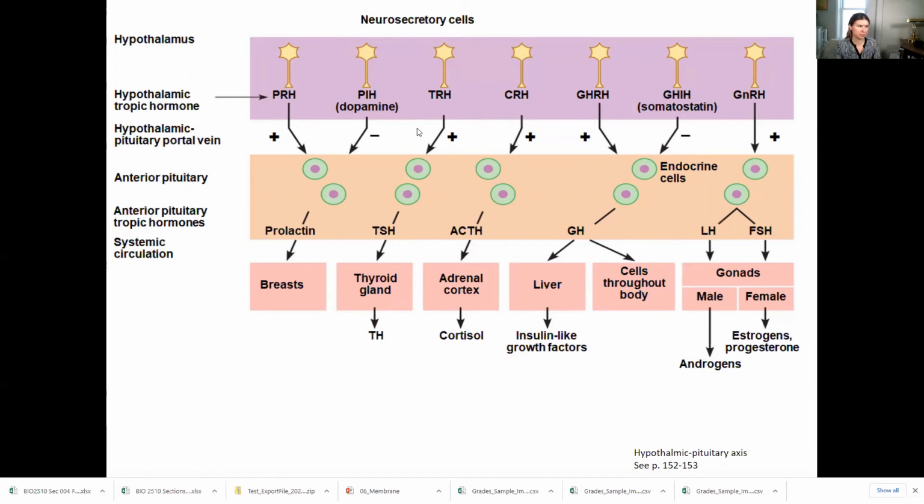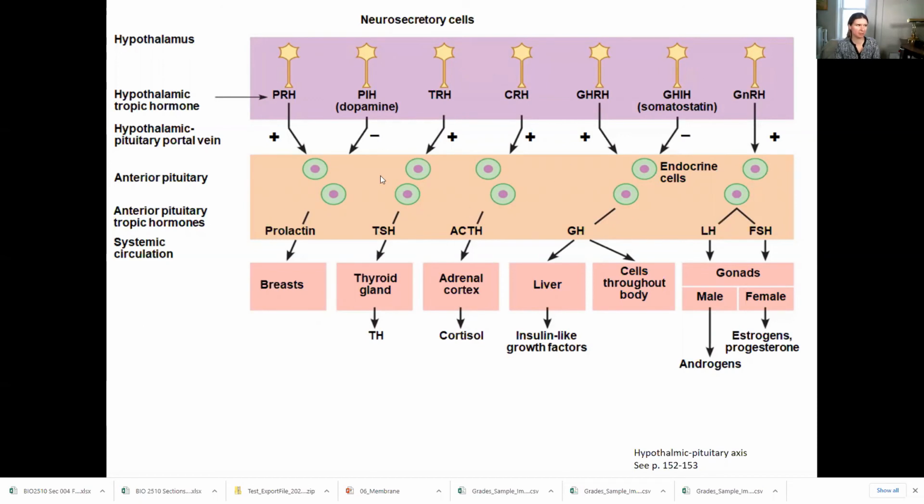And they're not all drawn out, but if you're concentrating on pathways, I think I said this at least once before, but I'll say it again. If I ask you about some of these other pathways that we haven't talked about in detail, I'll be very explicit and explain these to you. The two I would expect you to be familiar with are this TRH, TSH, thyroid, and CRH, ACTH, cortisol.